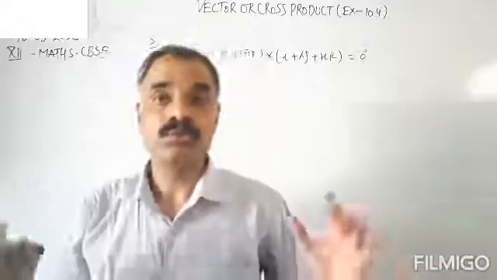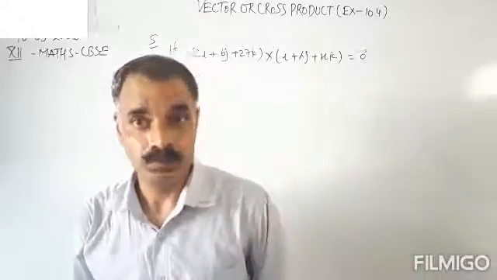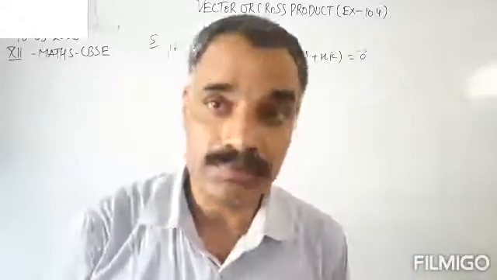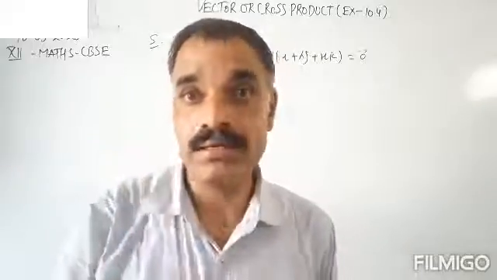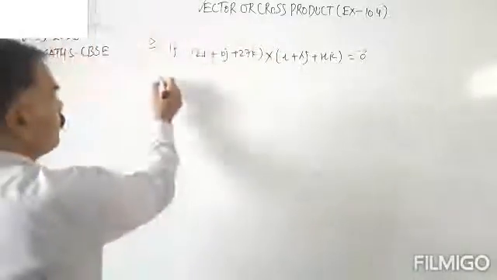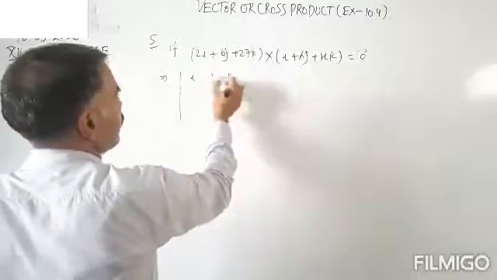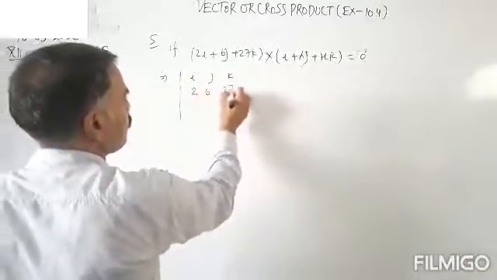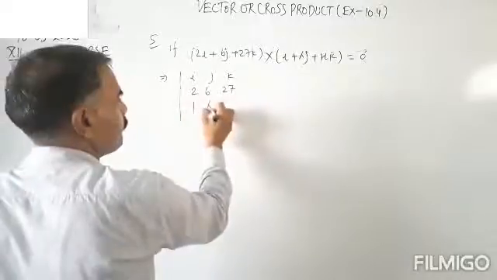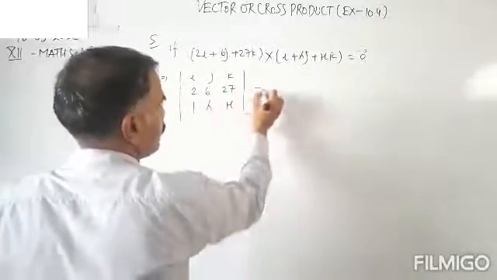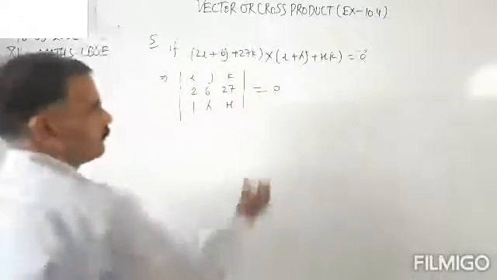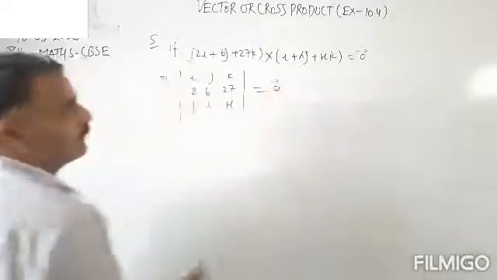So we have to find lambda and mu. After solving this, we will find lambda and mu. Now this can be written as the determinant with rows i j k, 2 6 27, 1 lambda mu, and this is equal to the 0 vector.